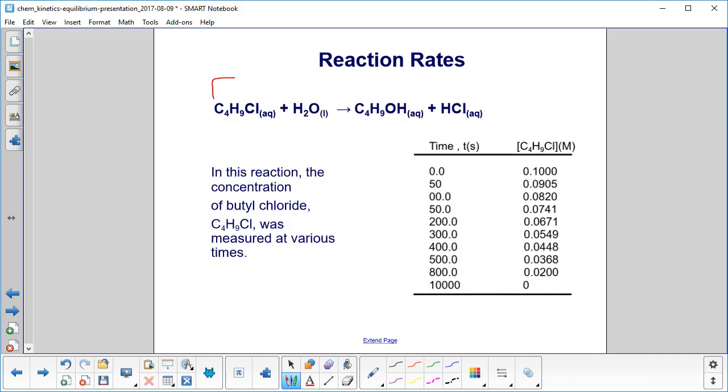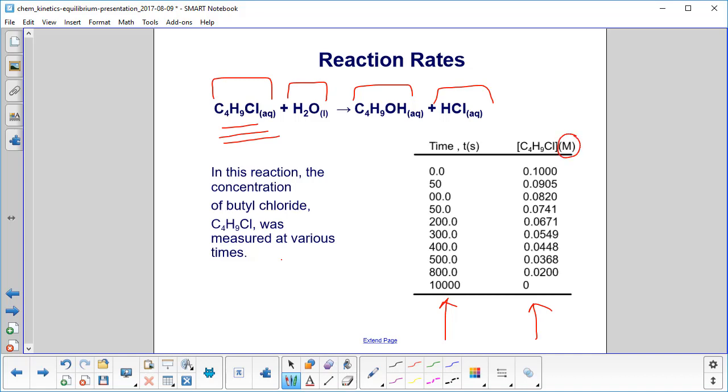We have a reaction where we have butyl chloride reacting with water, forms butanol and hydrochloric acid. We measure the concentration of the butyl chloride, right here, one of the reactants, at various times. So we have a table of times, and then we have a table of its concentration, the molarity, which is moles per liter of solution, and it's a capital M, see the capital M there.